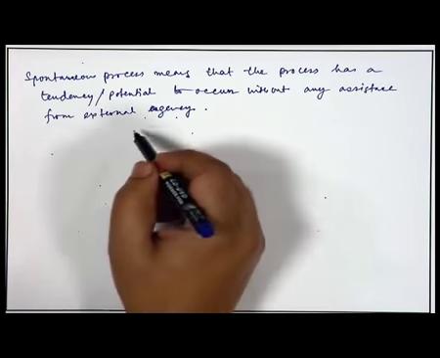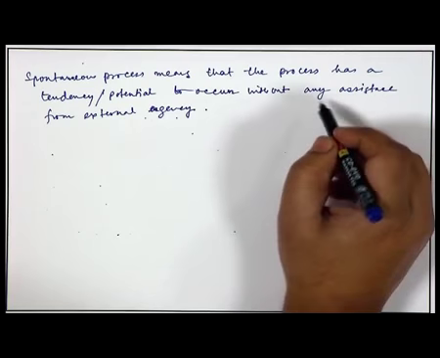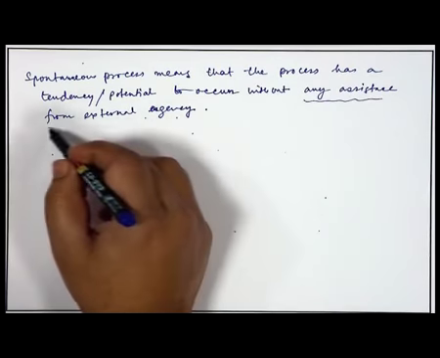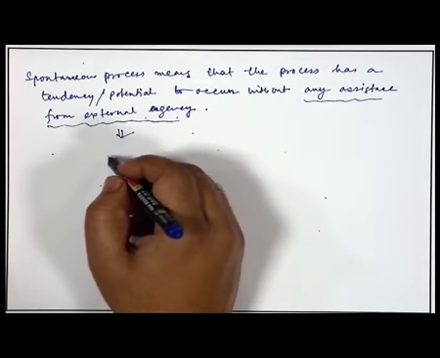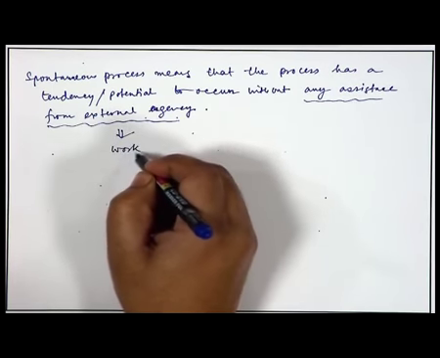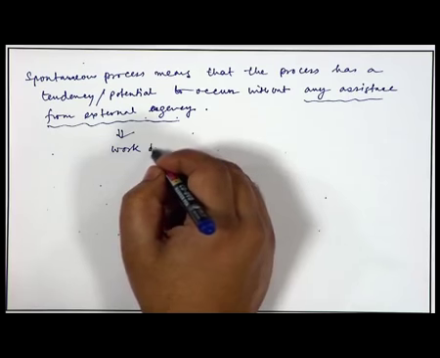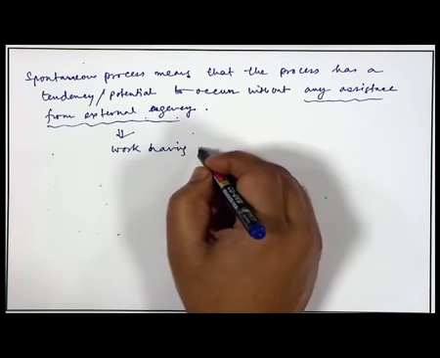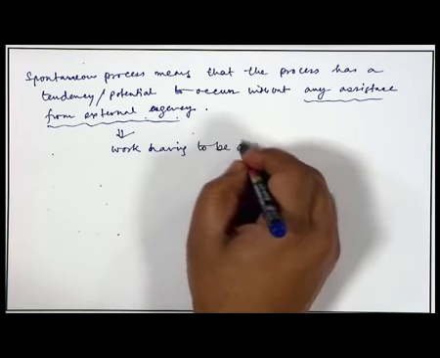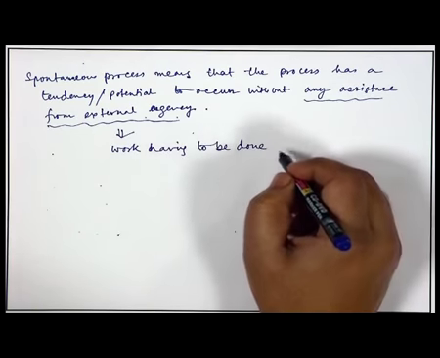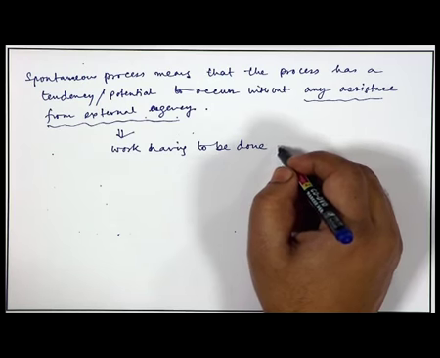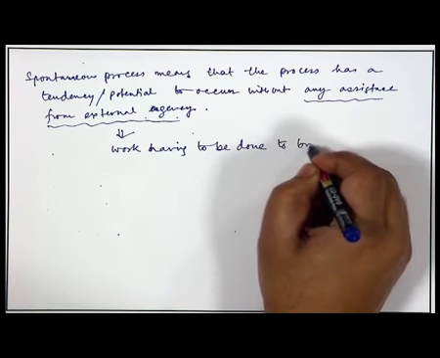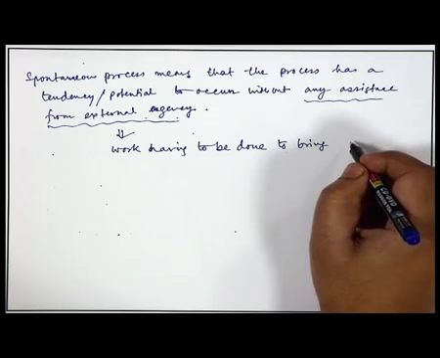What do we mean by external? The assistance from external energy means we are talking about some work having to be done, like the surroundings should do some work to bring it about.